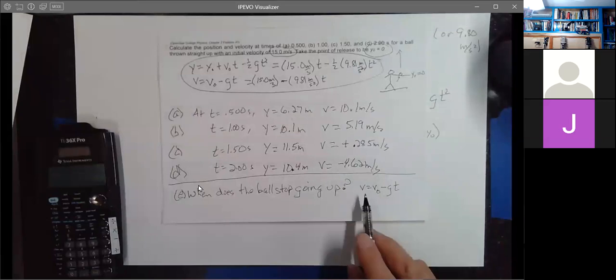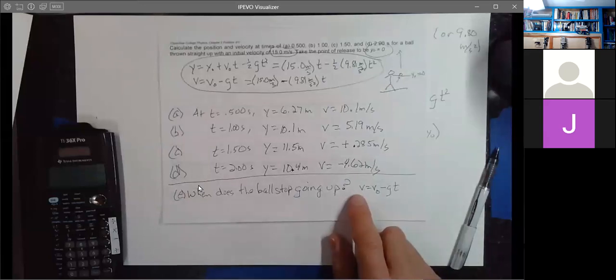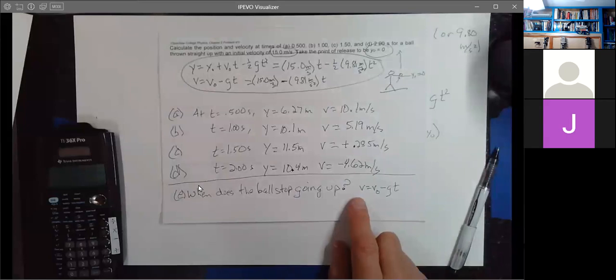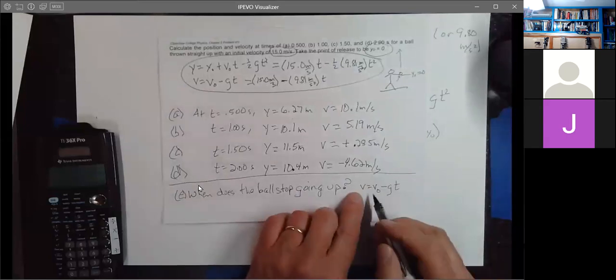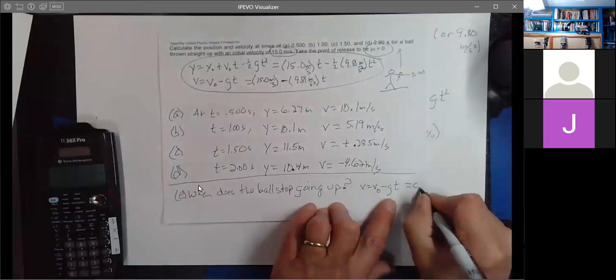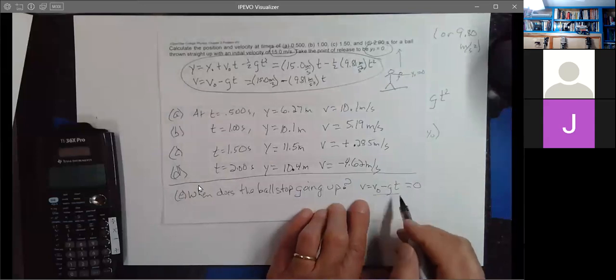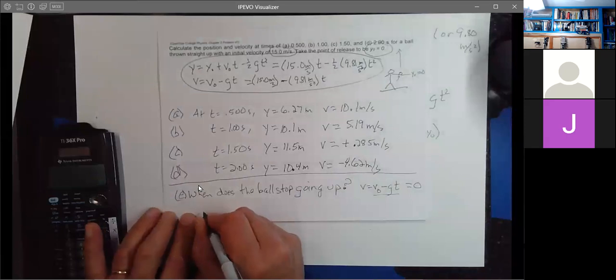The ball stops going up when v is 0. What the ball does at the very top is it's been going upward, so it's had a positive velocity. After that maximum height point, it starts downward. It'll have a negative velocity, but at the time it's at the highest point, the velocity will be 0. And so I just set that equal to 0, and this equation isn't too bad. That means v naught minus gt is 0.